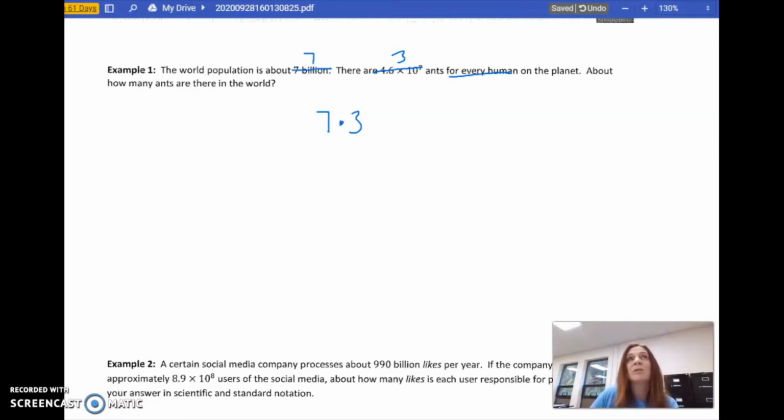That's what I want you to take away from this. You can change the numbers to things you maybe better understand, but what you want to focus on is what operation you're doing. So what I'm taking away from all this is that let's multiply. And I want us to focus on multiplying in scientific notation. So 7 billion. There is 7,000, 7 million, 7 billion.